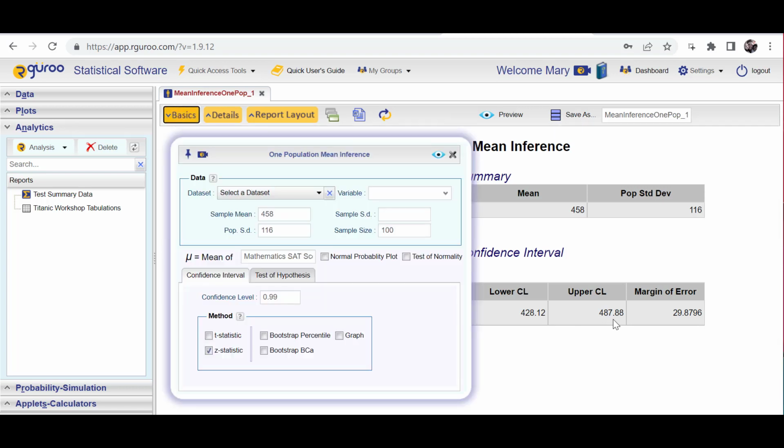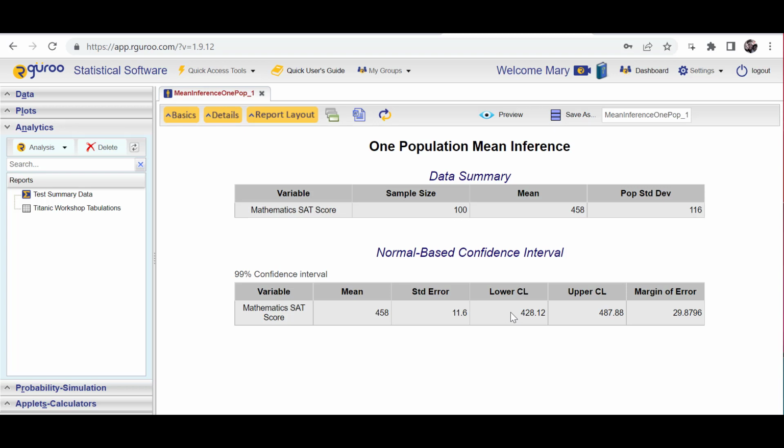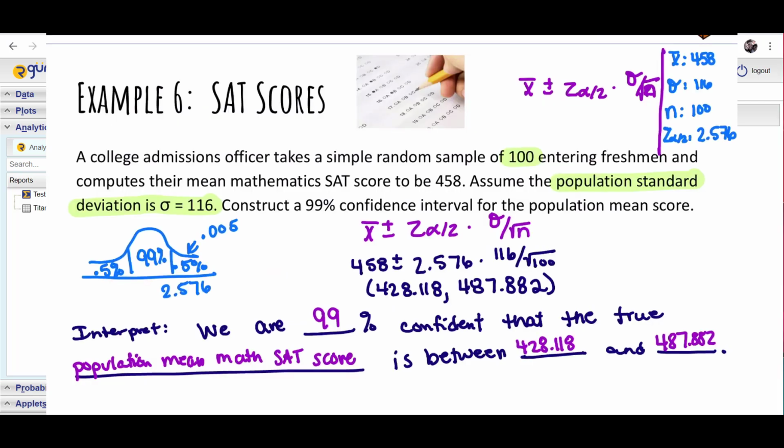If you go back to basics, I would like for there to be a way to graph this. Unfortunately, it does not graph it for us. So all that it's going to show us is this little table. But the point is, it's the same answers as what we got when we worked it out by hand. Let's go to the next one.